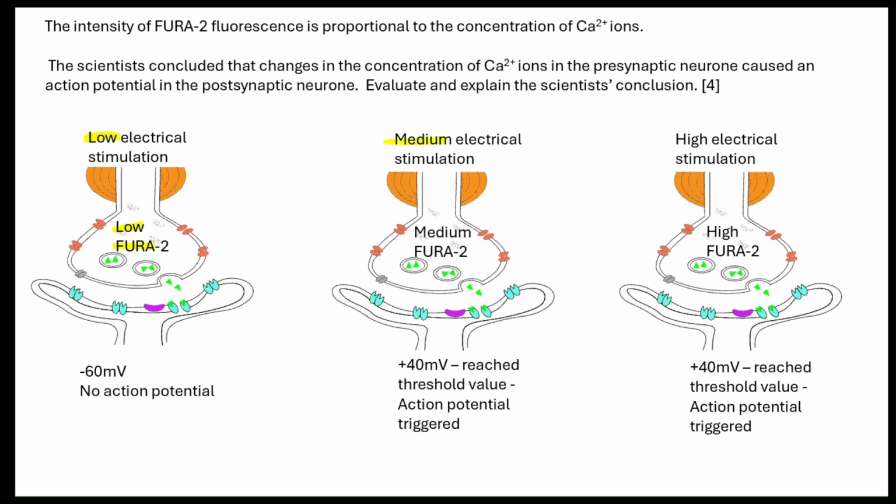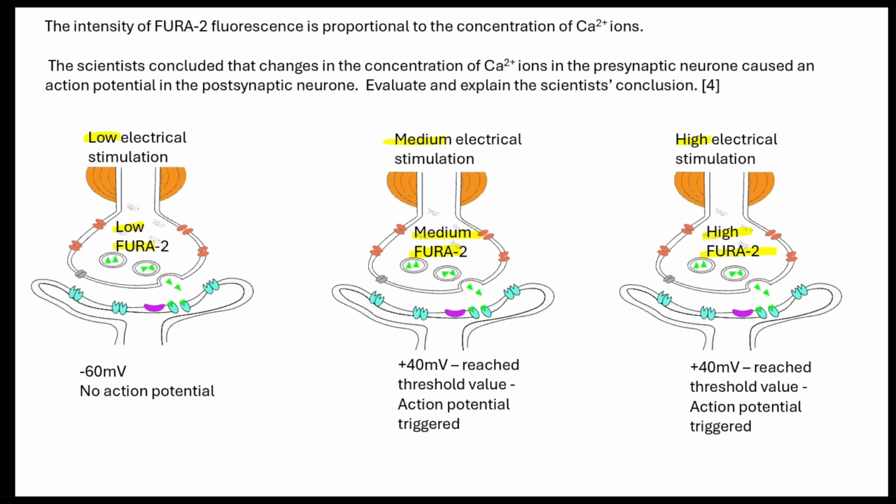If we have a medium, we have a medium of FURA. And if we have a high, we have a high of FURA as well. So we can quite clearly see that the strength of the stimulus does have an effect on the concentration of the calcium inside that synaptic bulb. So that is a way in which we can conclude the validity in that conclusion that the scientists have come up with.